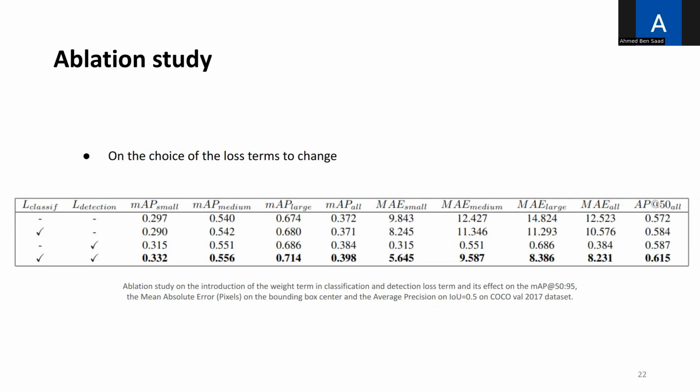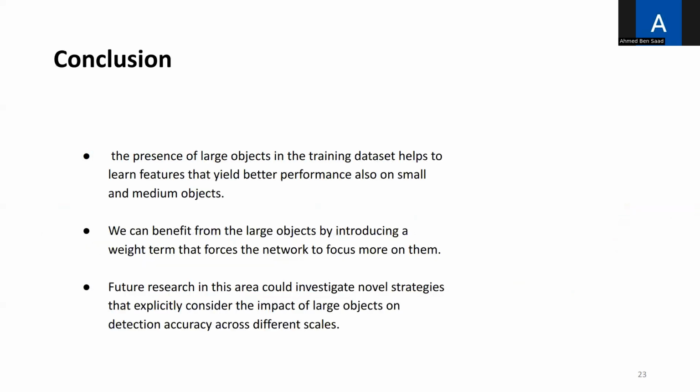So we wanted to play with the weighting function, each time putting it either on the classification part of the loss or on the detection part of the loss. As you can see here, the best results are given when the weighting function is applied on both classification and detection losses.